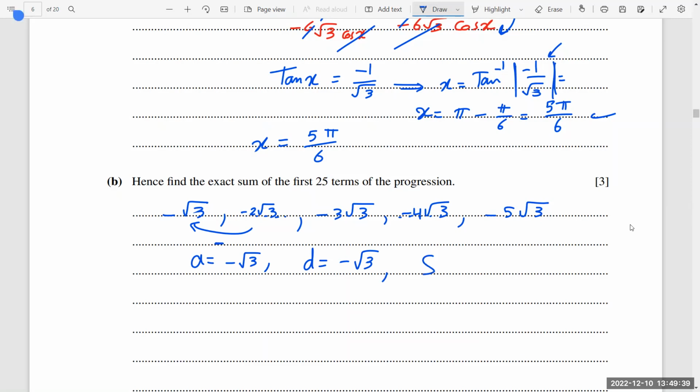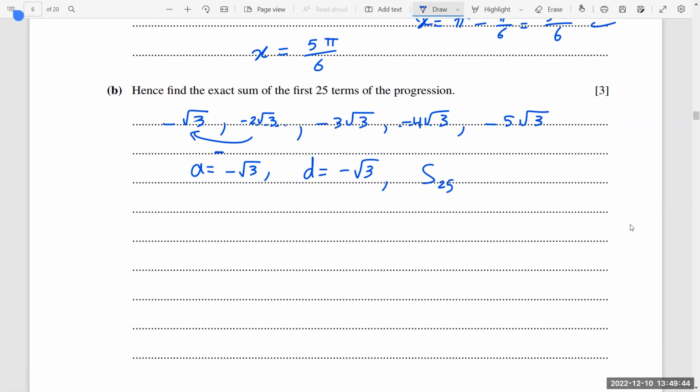So I want to find the sum of the first 25 terms. So just write S25 is 25 over 2 into 2a, 2 into negative radical 3, plus 25 minus 1, 24 times the d, negative radical 3. So I have here negative 2 and negative 24, negative 26 radical 3.